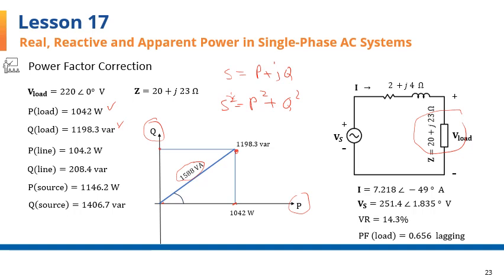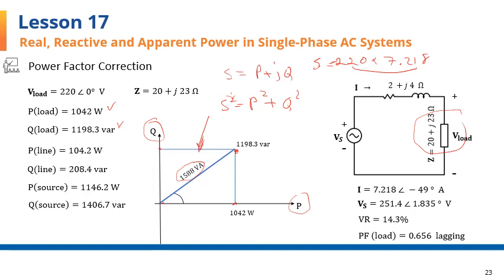Another way of finding the apparent power is to multiply the magnitude of the voltage, which was 220 for the load, times the magnitude of the current, which is 7.218. So if you multiply these two, you should get this number as well.